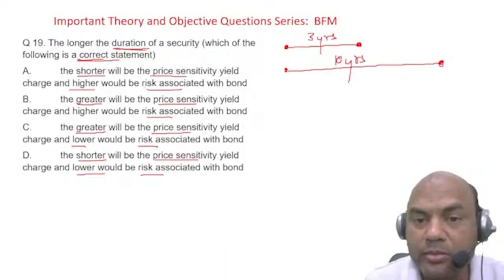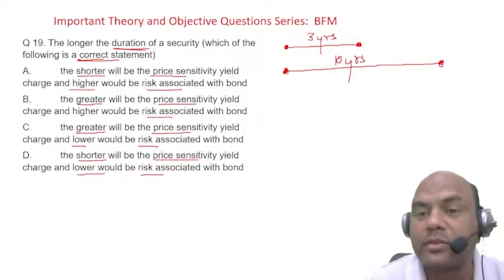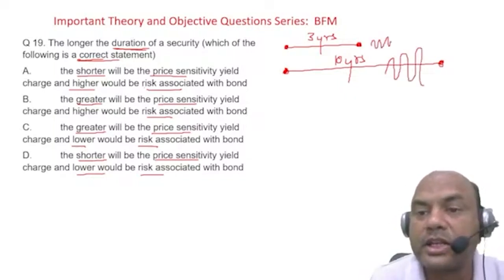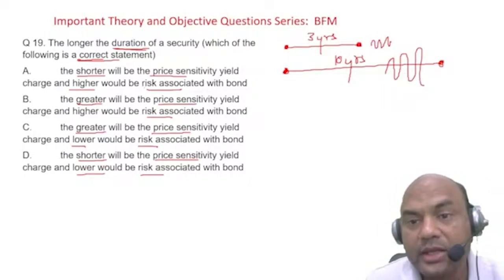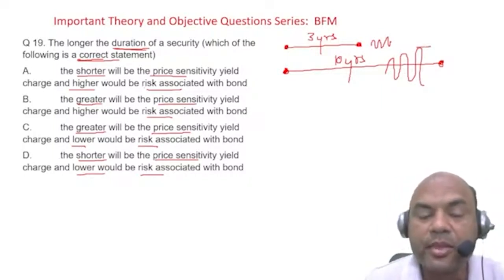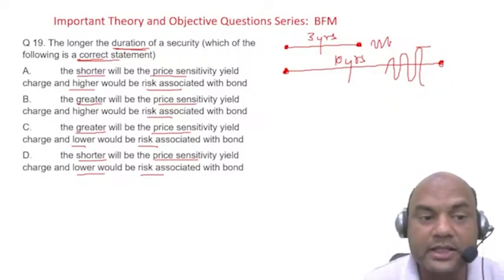Whichever bond has longer duration will have greater sensitivity. This will move faster, and this will move slower with respect to one parameter. Sensitivity means movement. So greater is the price sensitivity. Now the answer is either B or C.